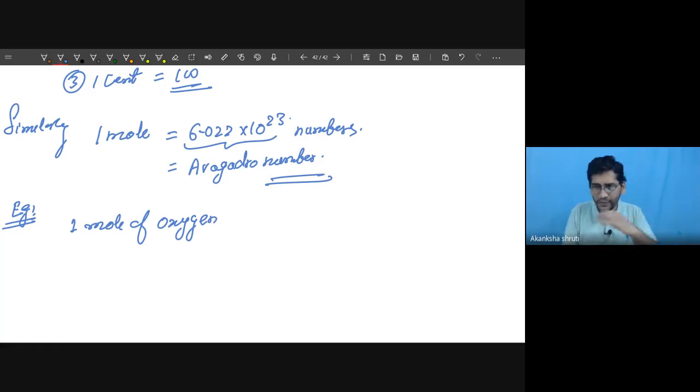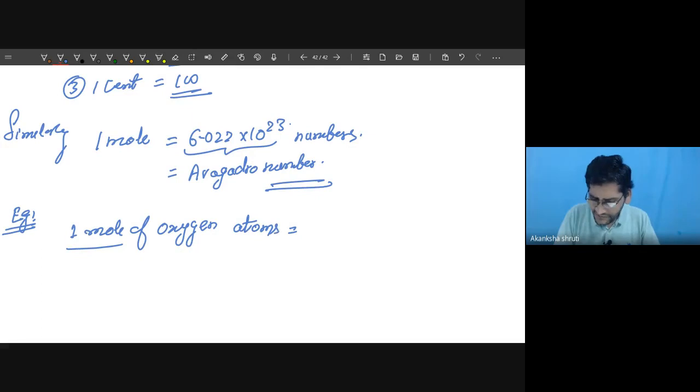Now, a student, it is important to understand this oxygen can be in terms of atom or maybe in terms of molecule. I am considering 1 mole of atoms. What does it represent? How much number of oxygen atoms will be there? 6.022 into 10 to the power 23 atoms will be there.